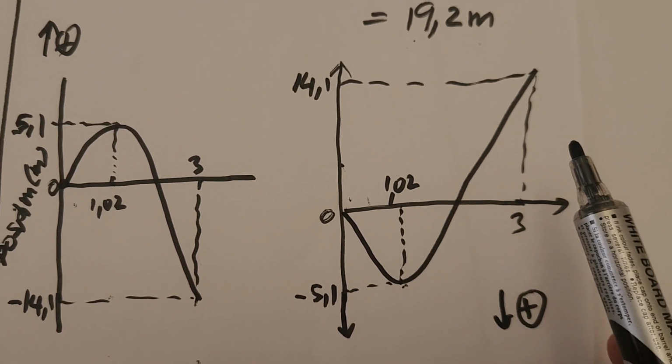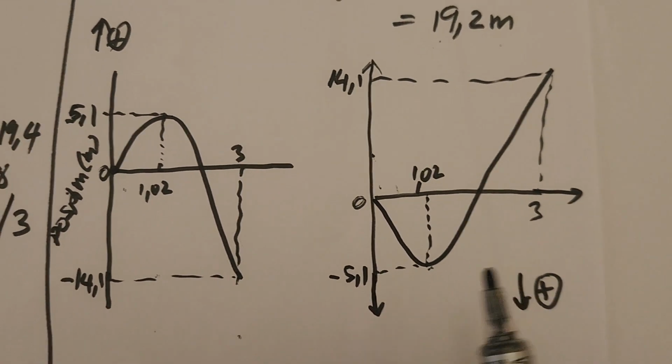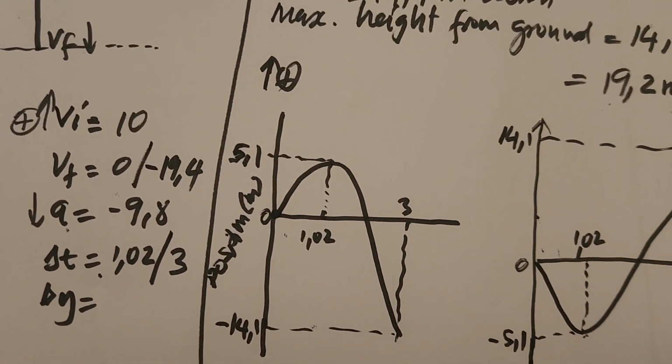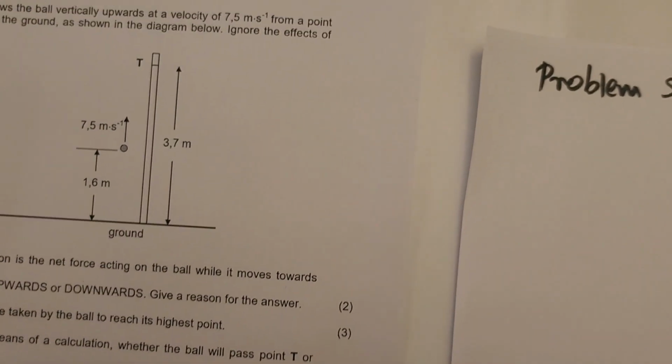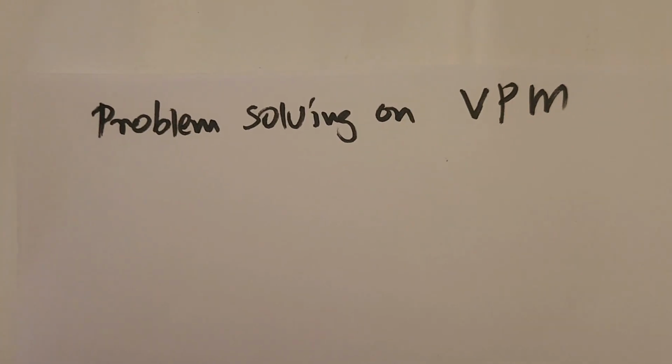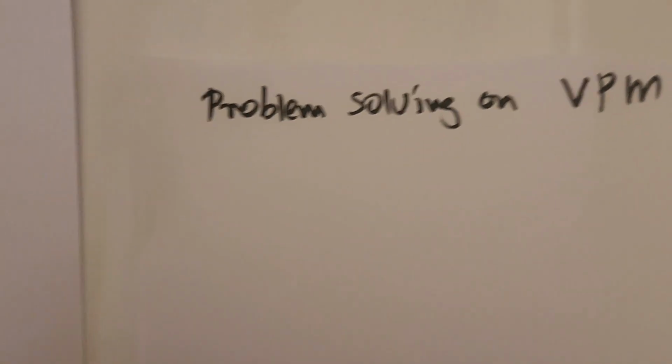I think it's clearer when you take downward as positive than when you take upward as positive. Thank you. Now let's come to one examination paper here, which takes us to problem solving on vertical projectile motion.